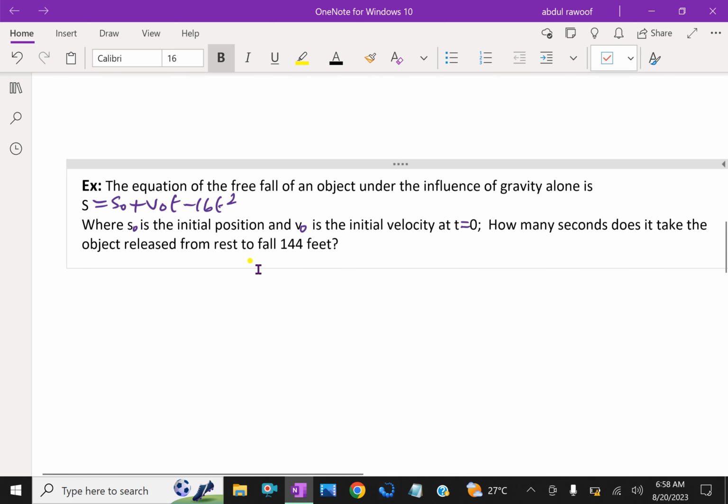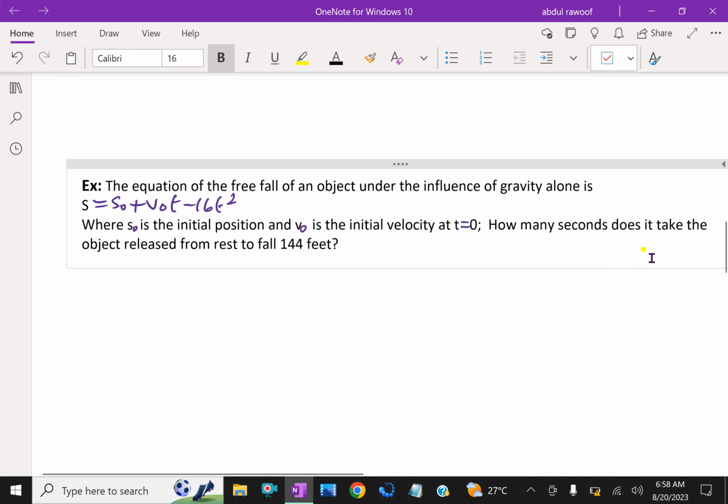Look at this example. The equation of the free fall of an object under the influence of gravity alone is s equals s0 plus v0 t minus 16 t square, where s0 is the initial position and v0 is the initial velocity at time t equal to 0.